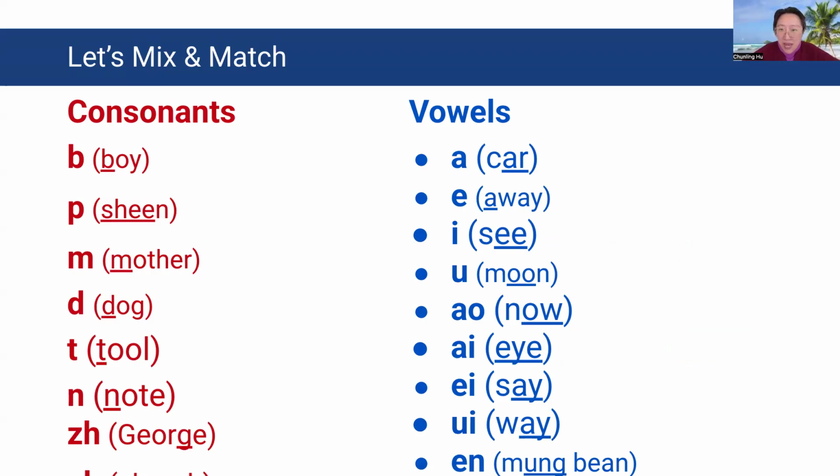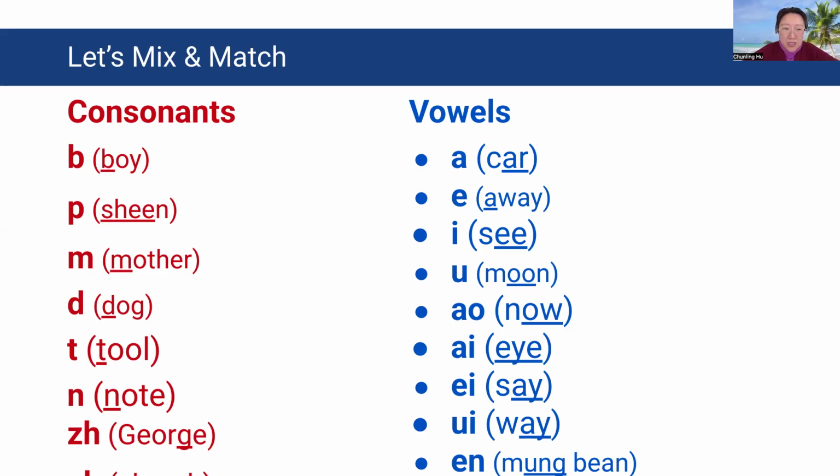Let's mix and match. We have two columns, one column of consonants of pinyin, one column of vowels of pinyin. We can pick one consonant to match with vowels to practice the sound. I can make an example.